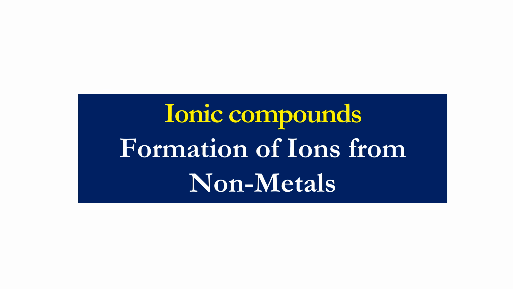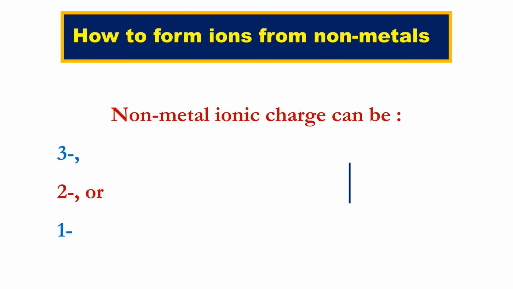For today's lecture, we will cover ionic compounds and we will look at the formation of ions from non-metals. So we now look at how to form ions from non-metals. Recall that nonmetals gain electrons from metals to form anions.